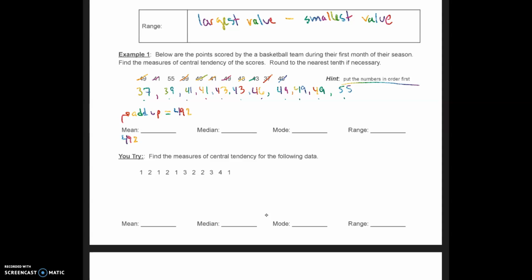So we would take 492, we would divide by 11, and that is going to be approximately 44.7. It says to round to the nearest tenth, so that's one number after the decimal place. So that's how we find the mean, is we add up all the values, divide by how many we have. The median.